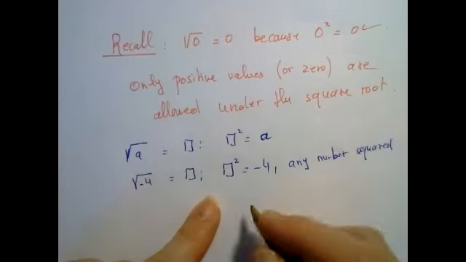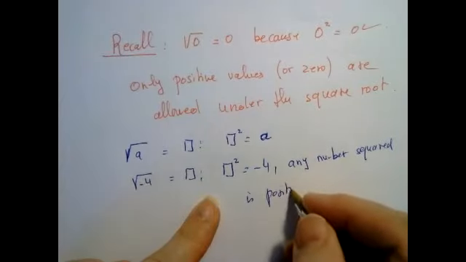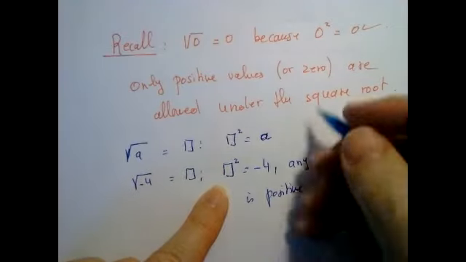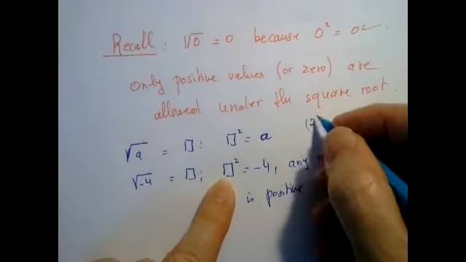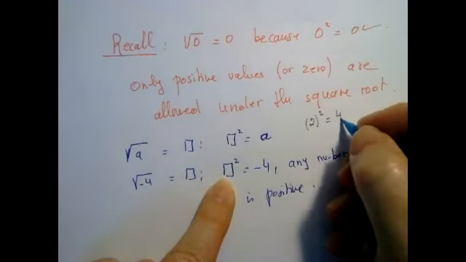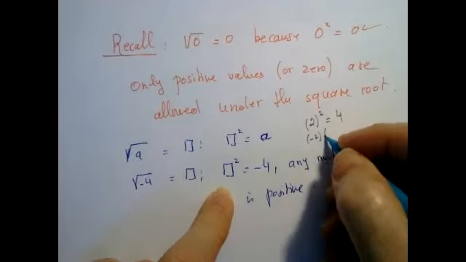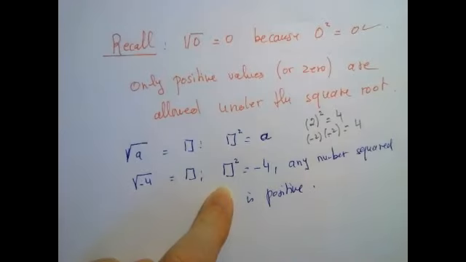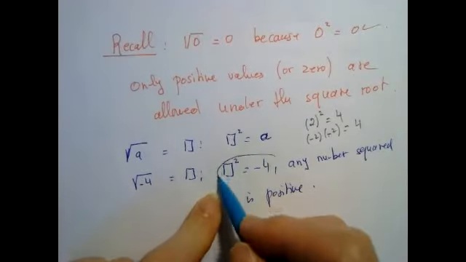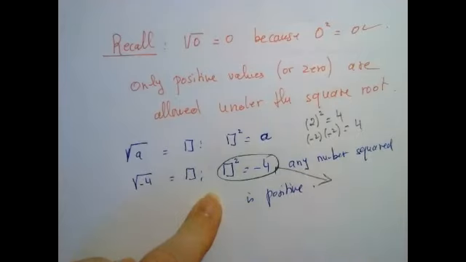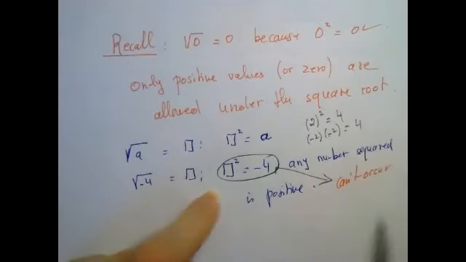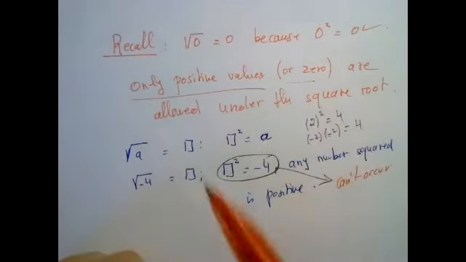If you take 2 and square it, that's positive. And if I take a negative number and I square it, the negative gives me positive, that's also positive. So any number squared is positive, so this cannot occur. That's why whenever we have a square root term, only positive values or zeros are allowed under the square root. We cannot have something negative.